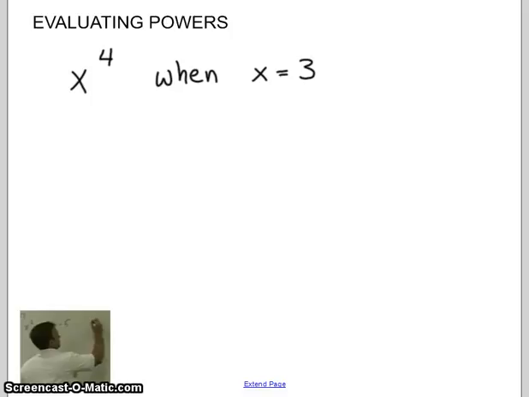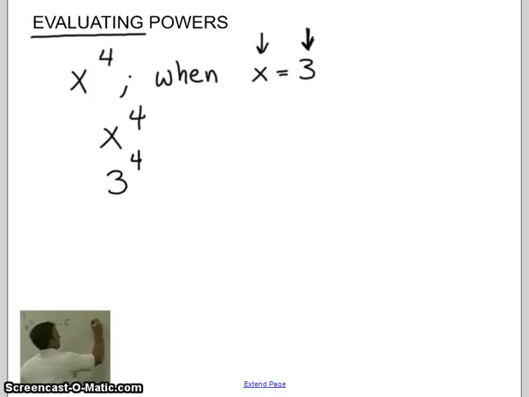Evaluating powers. We have x to the 4th when x equals 3. So now we're going to evaluate, which, if you remember, we're going to take the value of the variable. The value here is 3. The variable is x. And we're going to substitute the value 3 in for x. So we have x to the 4th. Instead of writing x, we're going to write 3.